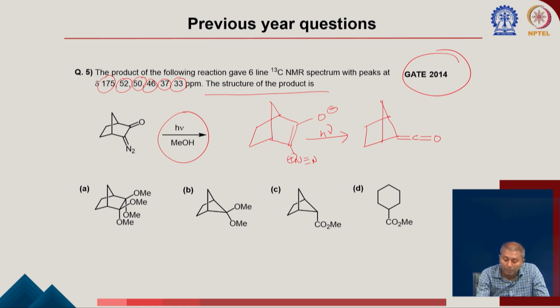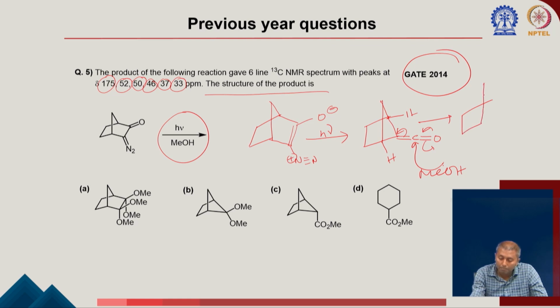Now once it forms the corresponding ketene, you can see these are the H here, and then there will be a methanol here which is going to attack, and then it is going to come back, minus, and COMe, which can take a proton from the methanol to get to the corresponding product.